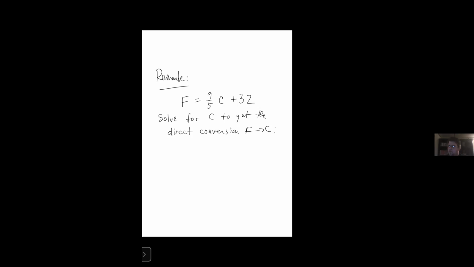And what do we get? Well, you solve for C, you have F minus 32 equals 9/5 of C. So C equals what? We'll multiply both sides by 5/9. C equals 5/9 of F minus 32. And 131 into that would give you 55 as a last example.